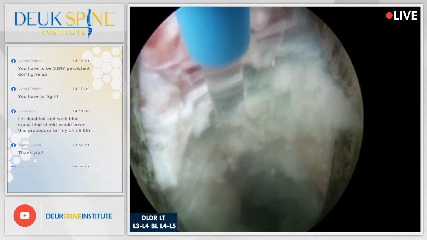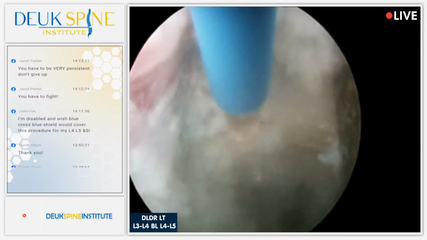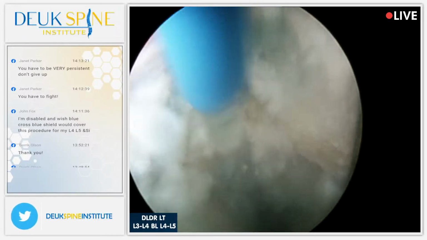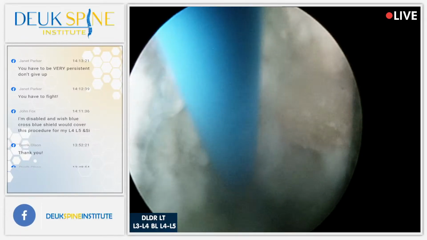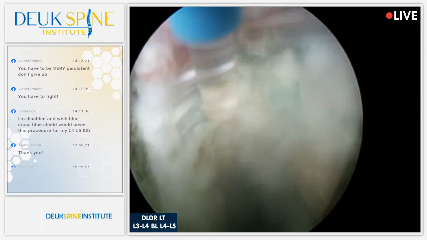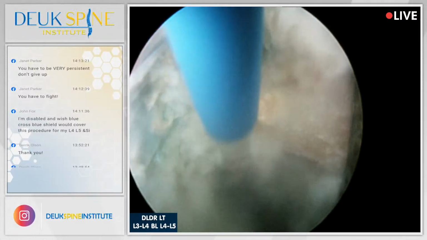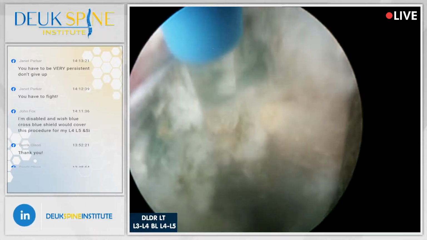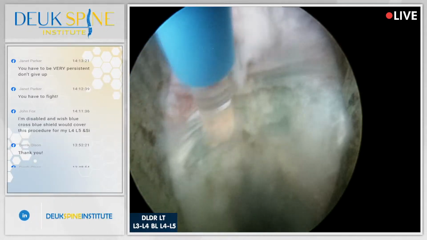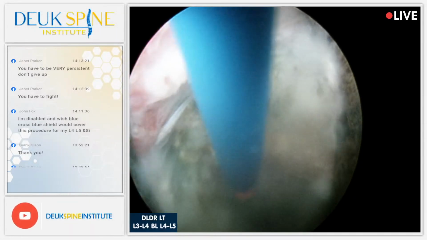Because the problem is the Blue Crosses of the world, they're focused more on just denying treatment to people so they can make more profits. Because remember, every dollar they save not paying a doctor or hospital goes into their pocket, into their bank account. I mean, actually, it's already there. It just stays there. So I think there will be a day when Blue Cross will pay for everybody's Duke laser disc repair. Don't hold your breath, though. I don't know when it's going to be. It could be a few years.